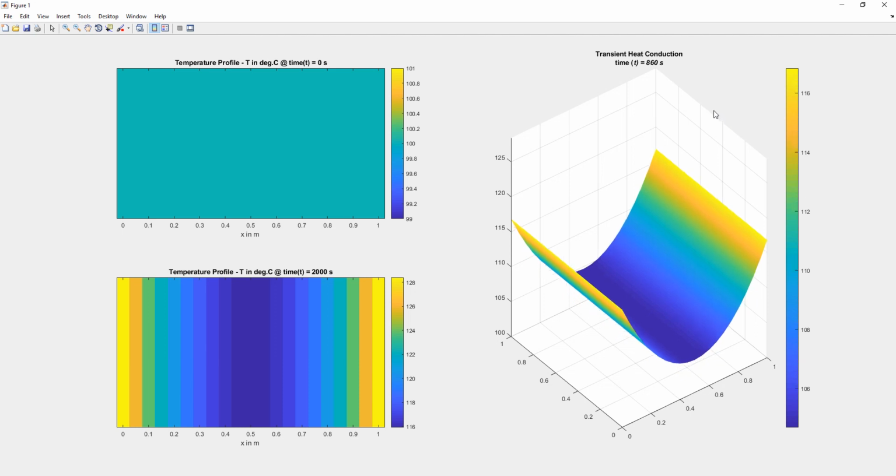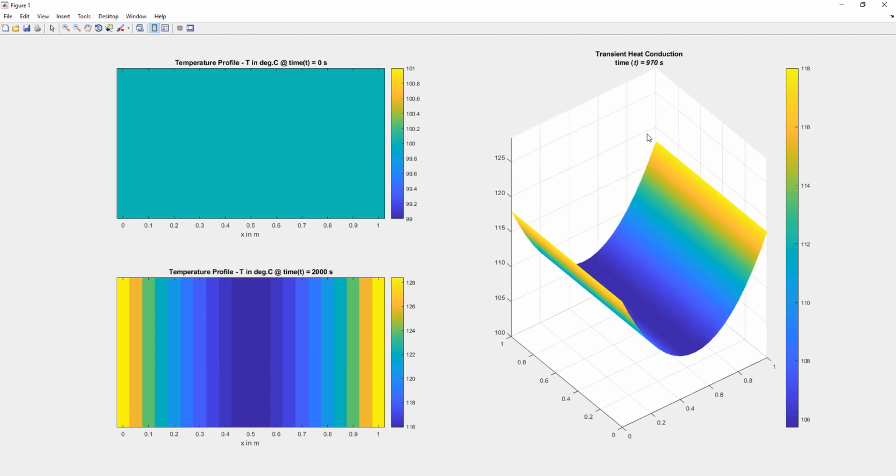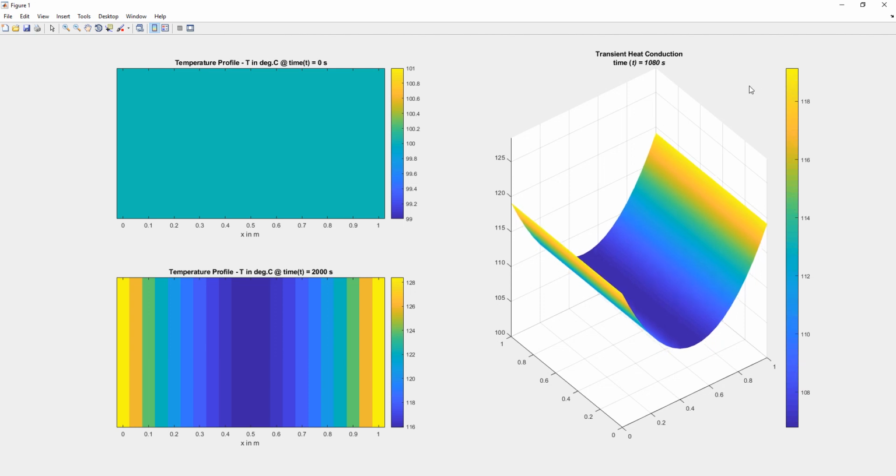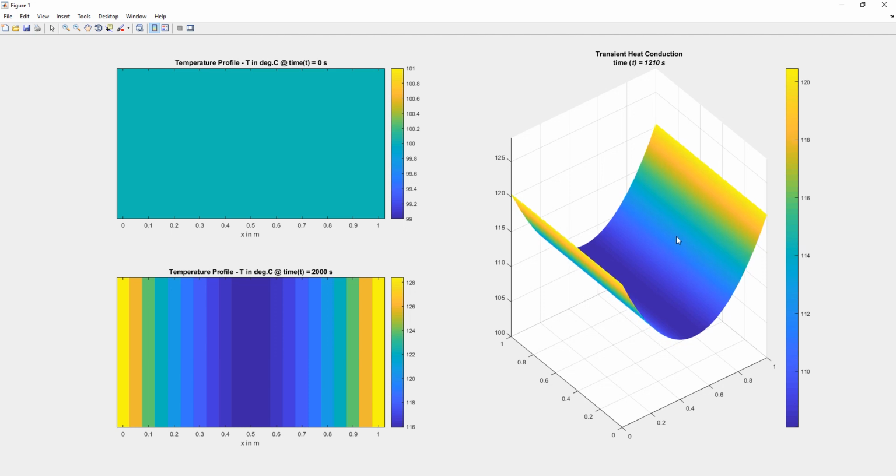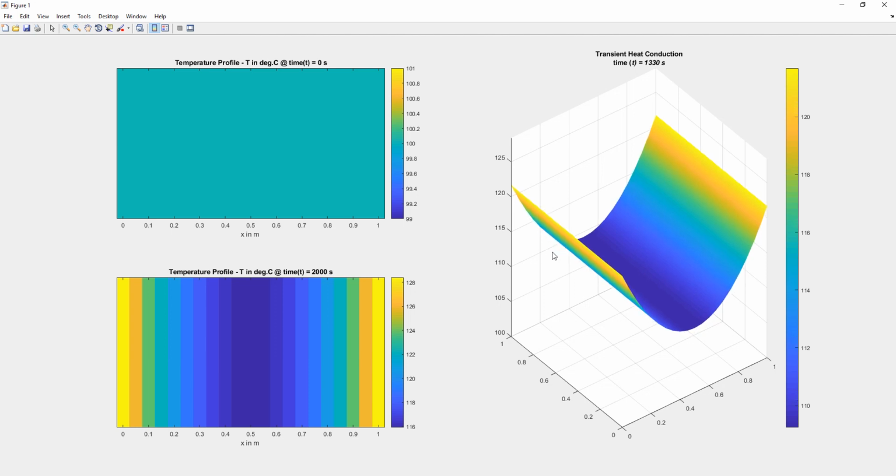Since we set the time limit as 2000 seconds, this program will run until the time hits 2000 seconds. So the temperature along the entire length of the bar keeps increasing in this case, as we are adding heat from both sides of the bar, both ends of the bar.